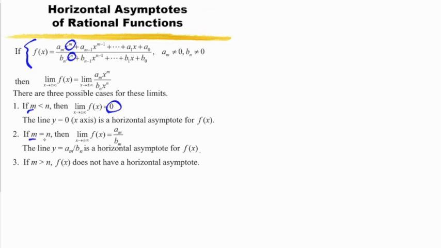If the degree of the numerator is equal to the degree of the denominator, you take the lead coefficients of the highest degree terms, and that gives us the location of the horizontal asymptote. And if the numerator has a higher degree than the denominator, there is no horizontal asymptote. The limit is going to go to some form of infinity. We have to figure out if it's positive or negative.